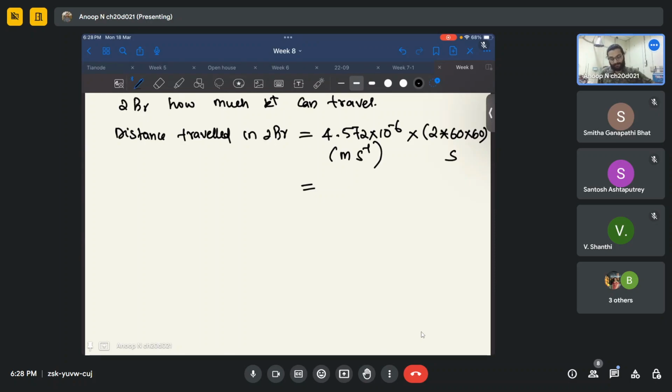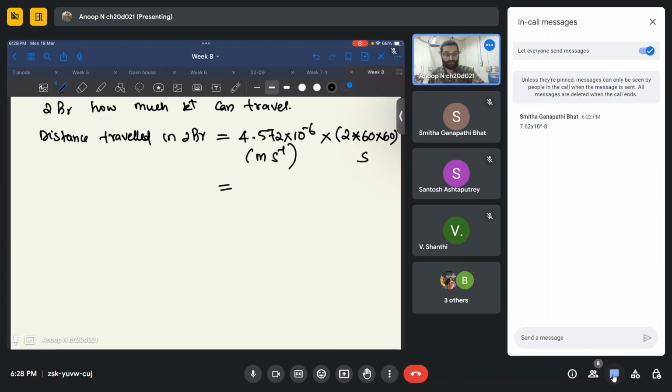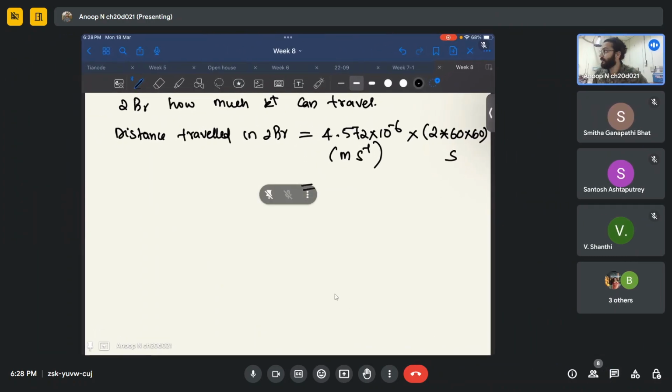All of you please calculate parallelly. It will be 0.0329 meter, which you can write as 3.29 centimeter. This is the distance traveled by the K plus ion in 2 hours.